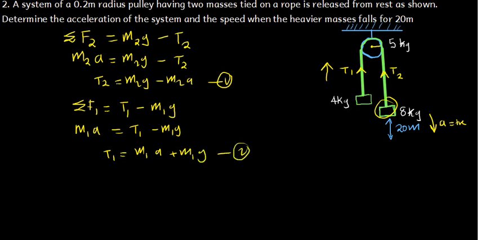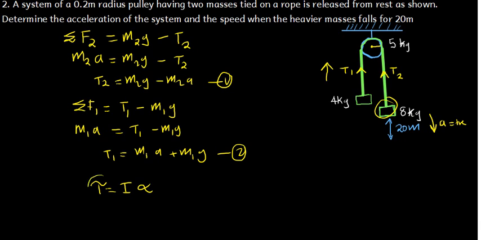Now again, by reason of the movement of the rope, when the rope gets to move downwards, it's going to be causing a rotation in here. So because of that rotation, there will be a torque. So how do we find torque? We know that from Newton's second law, torque is equal to moment of inertia times the angular acceleration.